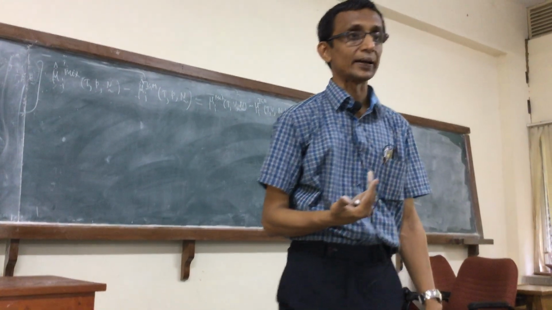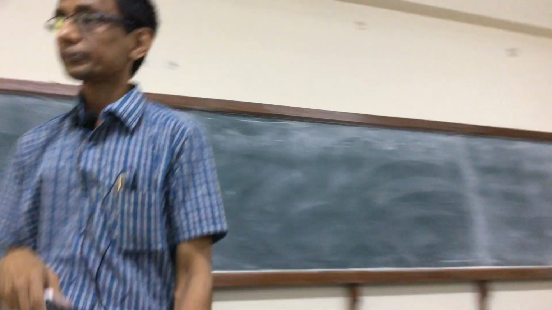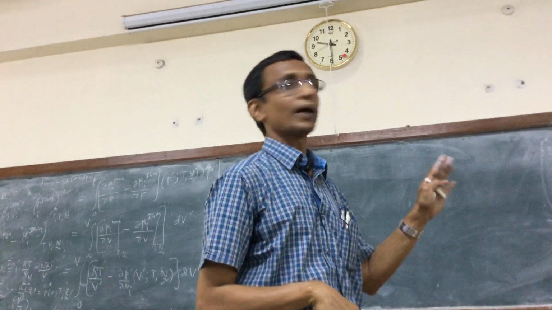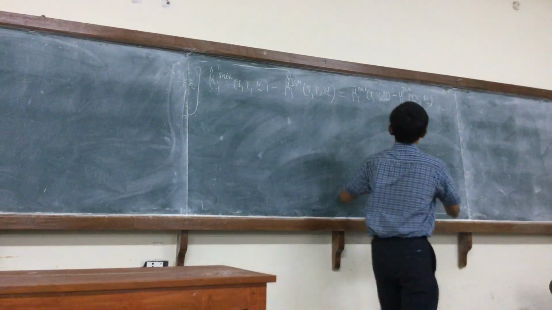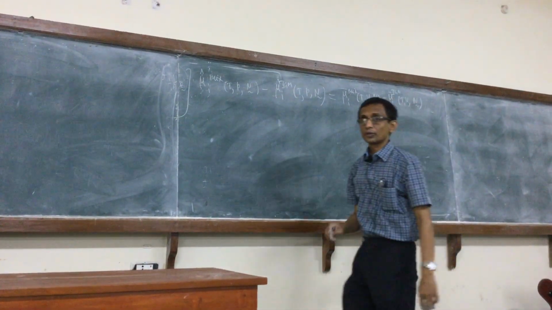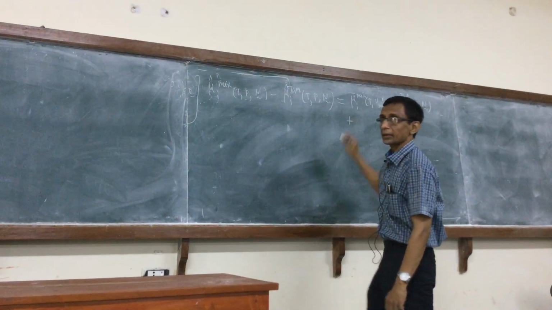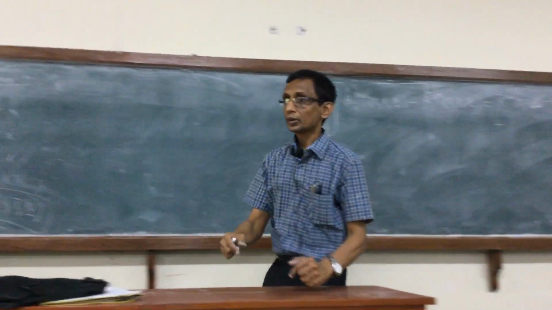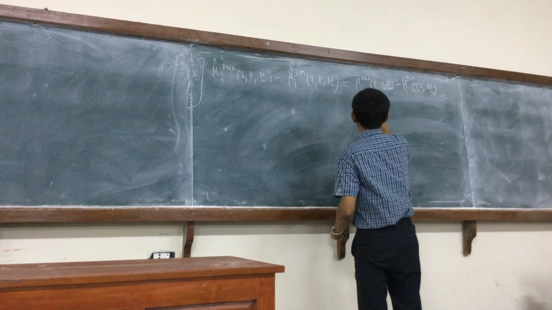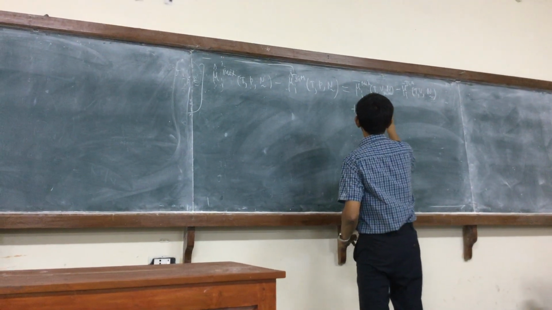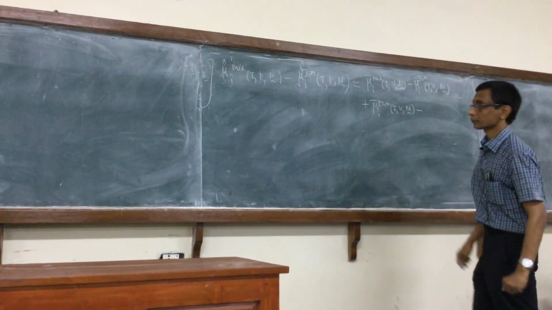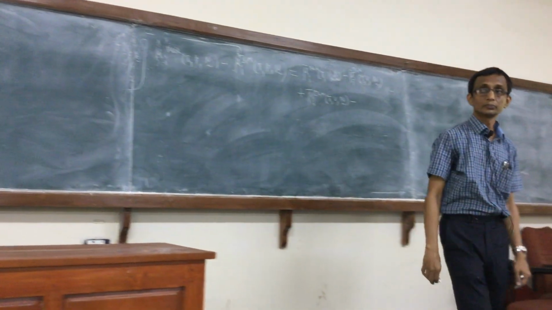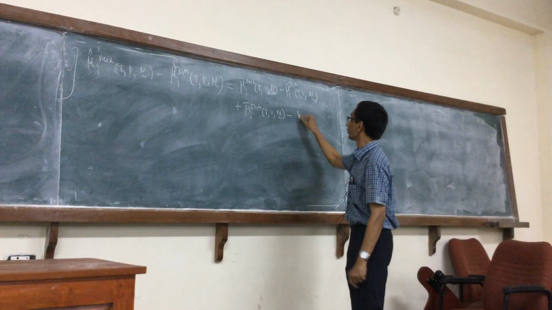What quantity do I have to add? It is not done because what I want is this difference. Now I have written a different difference. Now to complete, what should I put plus? Whatever I have written there, right? Plus, minus what? T, V and N.